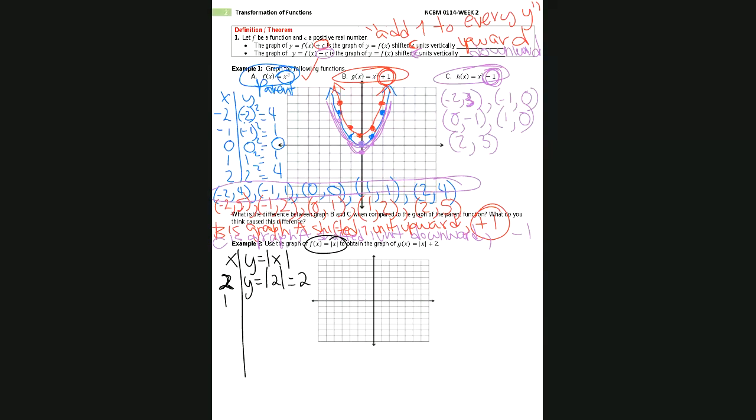So the absolute value of 1 is just 1. Now, let's see what happens with 0. With 0, the absolute value of 0, think of what is the distance from 0 to itself, and that will be 0. Now, if you have a negative number such as -1, you still have to think in terms of distance. And so distance is always positive, so that will be equal to +1.